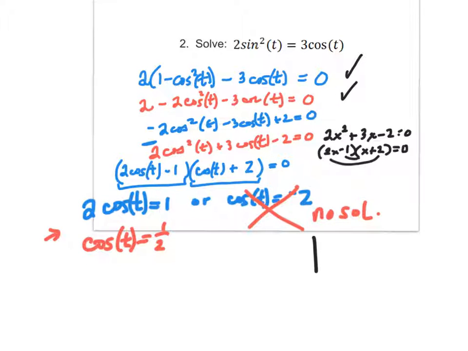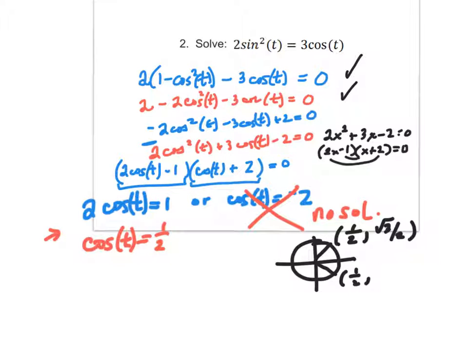And now, if we refer to our unit circle, we know that the cosine of 1/2 is positive in quadrant 1 and in quadrant 4. Here we've got the point 1/2, square root 3 over 2, and down here we have 1/2, negative square root 3 over 2, and we know that our cosine is our first coordinate.